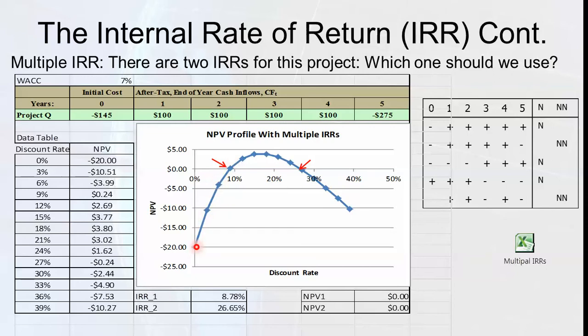So in a normal situation, when the discount rate increases, the net present value should go down.